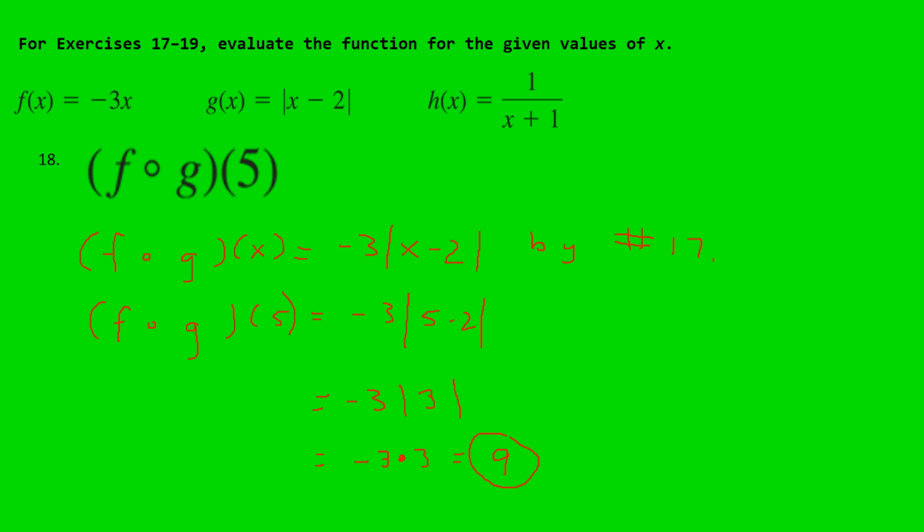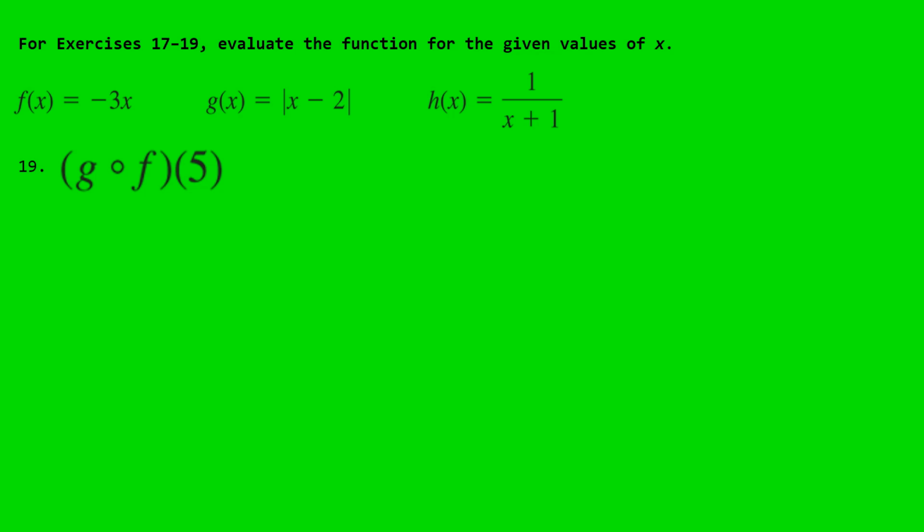Okay. Now, what we could have done is found g of 5, get a number for the g of 5, and plug that into f. Run that through f and get the answer that way. Okay, so g composed with f, we'll use that approach by the definition of the composition of functions. This is g of f of 5.